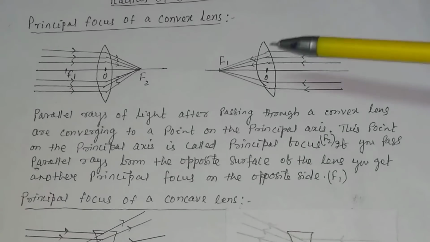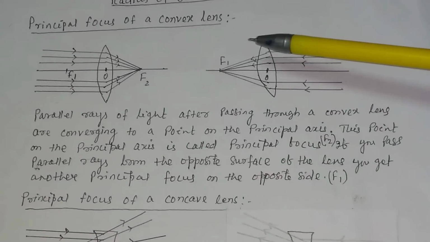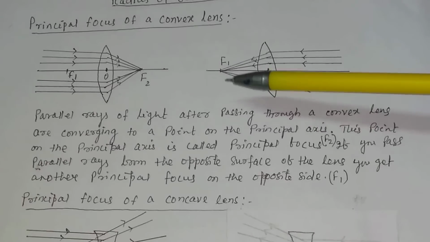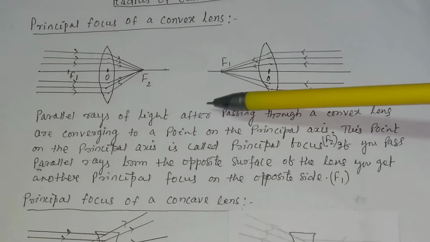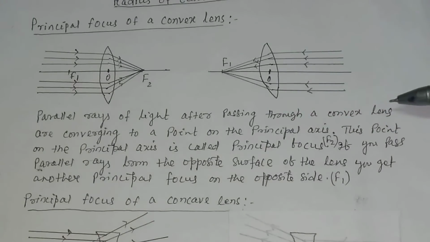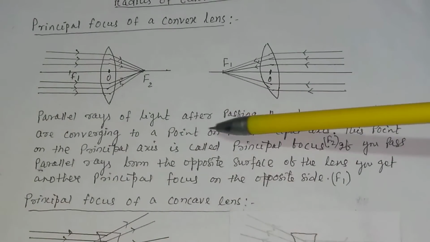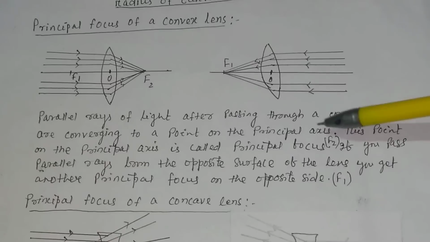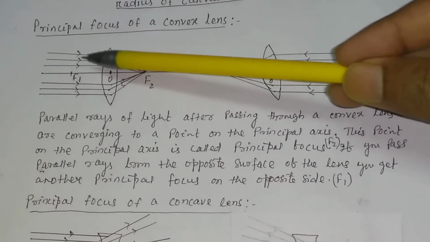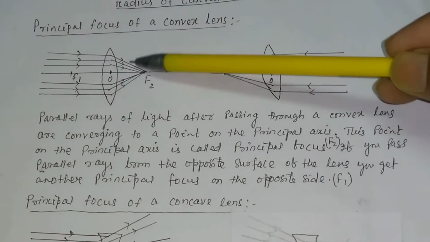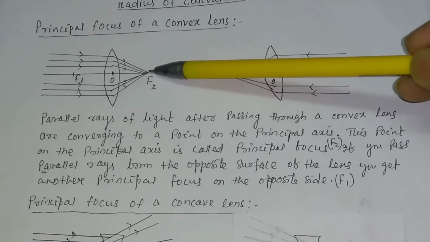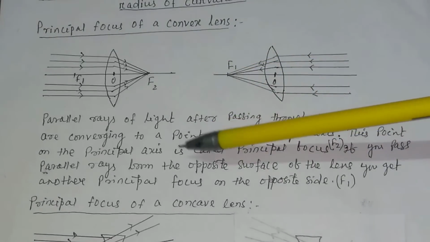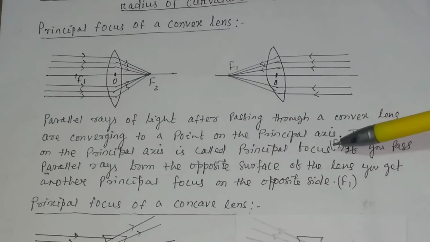The next term, principal focus of a convex lens. What is principal focus? Parallel rays of light after passing through a convex lens converge to a point on the principal axis. This point on the principal axis is called the principal focus.